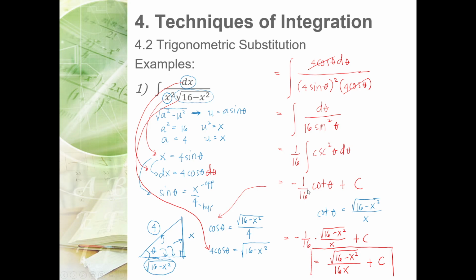All right, so questions for the first example? Before you ask questions, let's try to summarize what we did. The first step is identifying which formula you're going to use.